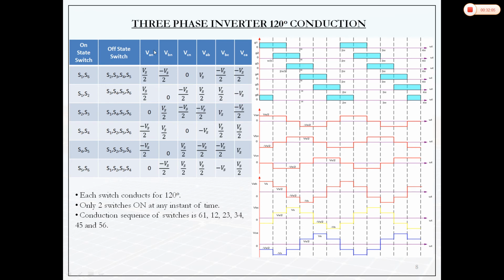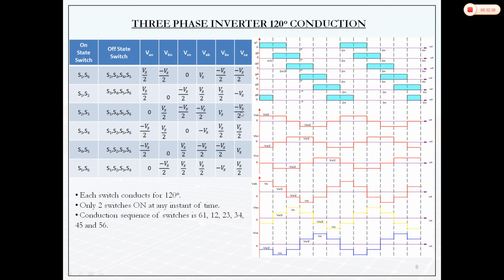Now to find VAB, that value will be VAN minus VBN, so Vs upon 2 minus minus Vs upon 2 gives Vs. Similarly, VBC will be this minus this, so minus Vs upon 2. VCA is VCN minus VAN, 0 minus Vs upon 2, so you get minus Vs upon 2. Similarly, you can do the analysis for the remaining 6 states.